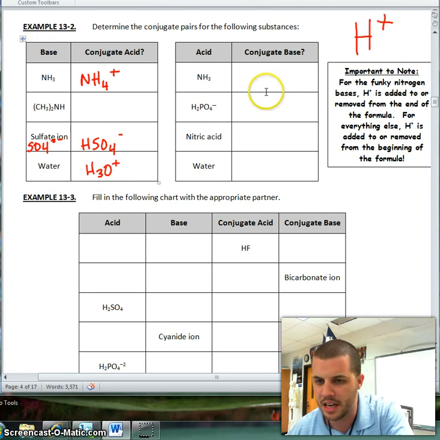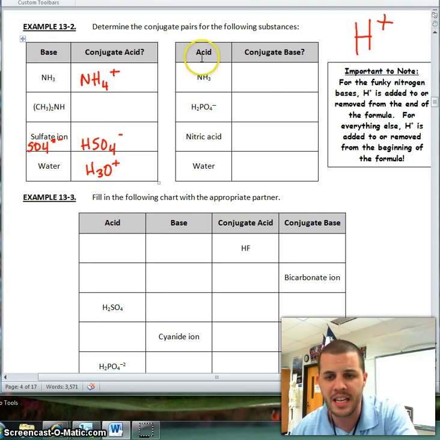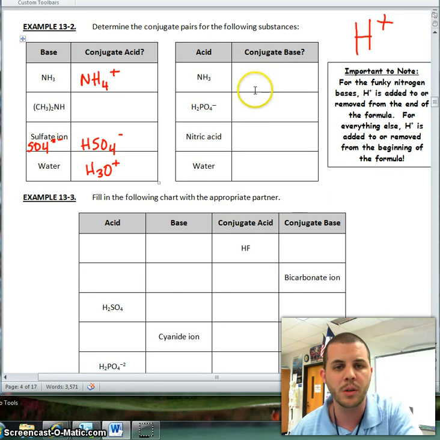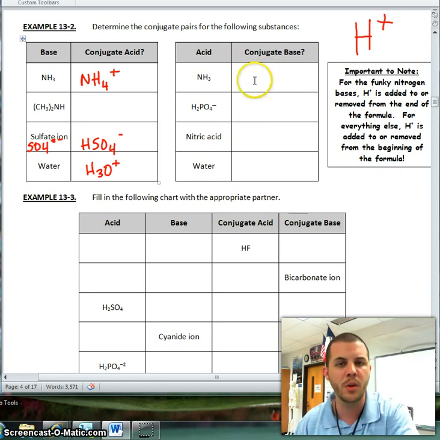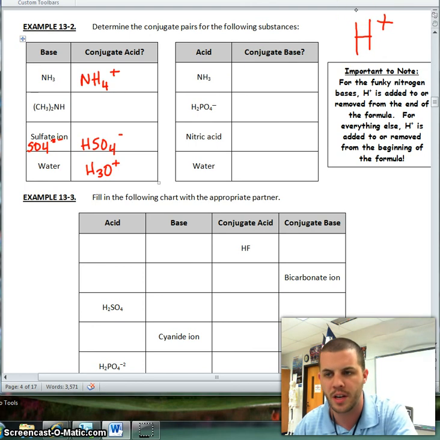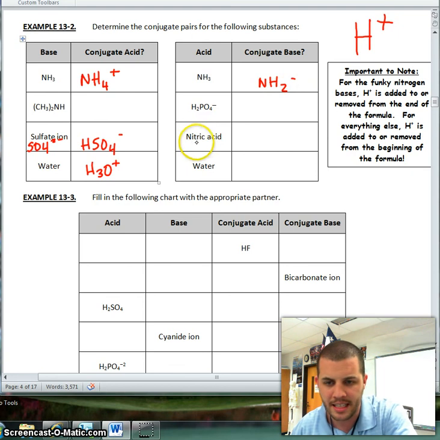Let's look at this next chart, and it talks about these acids, and it wants us to determine the conjugate base. Remember, acids are losers, so since an acid is a loser, it's going to lose a proton. Here's your proton, so it's going to lose an H and a positive charge. So NH3 is going to go down to NH2 minus. Nitric acid is HNO3.